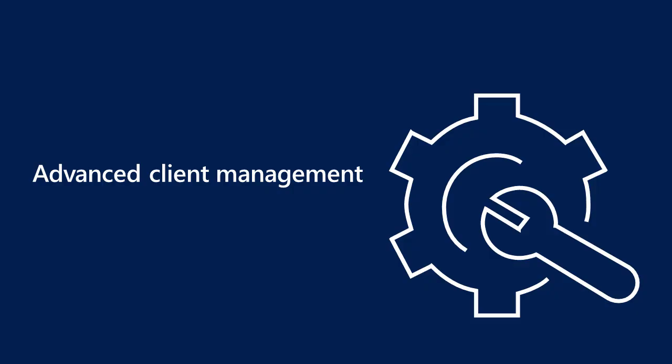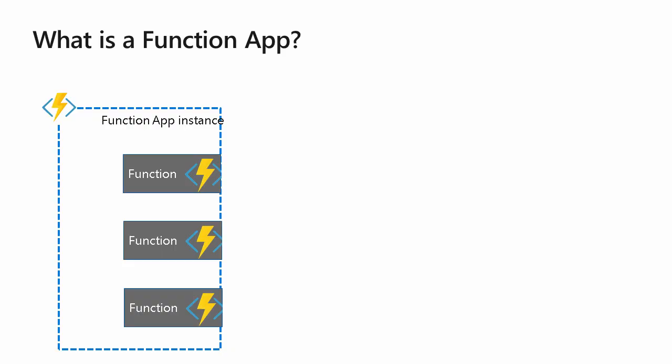Now, these two integrations are meant to make your life easier by handling all the background operations for you. But there are scenarios where you might want to have more control and maintain your own customized client connection to interact with your Cosmos DB account. Before we dive into that scenario, we need to understand how function apps and functions work with instances. Functions exist within a function app, which acts as a logical container.